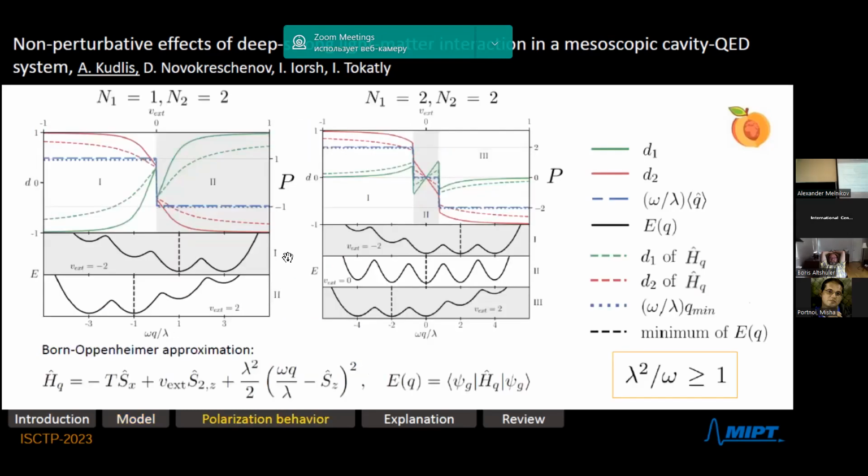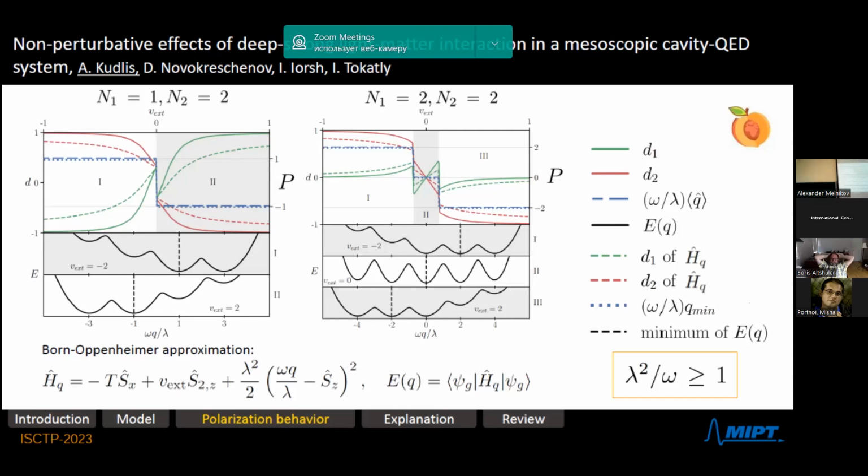In the supplemental materials you can find similar pictures for different combinations of dimers. It's quite interesting, and we've analyzed this kind of behavior.